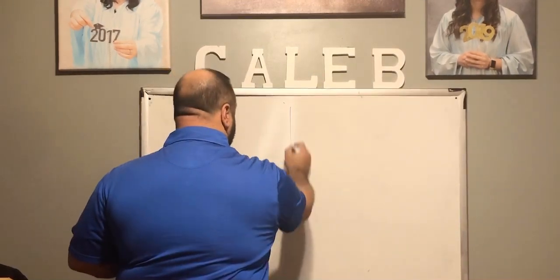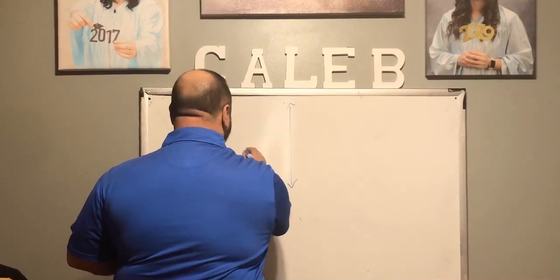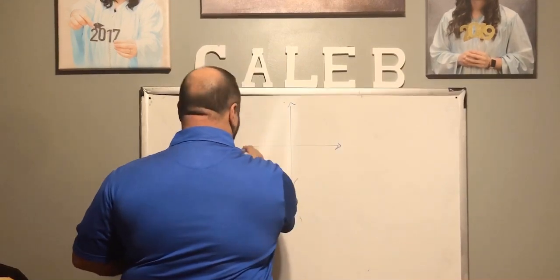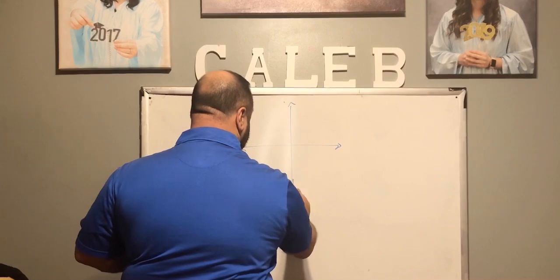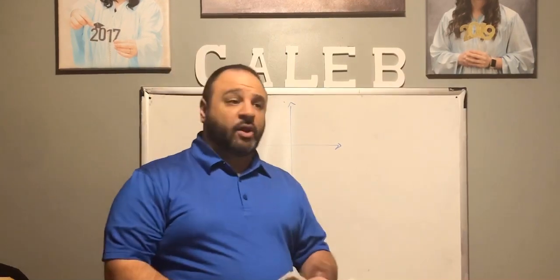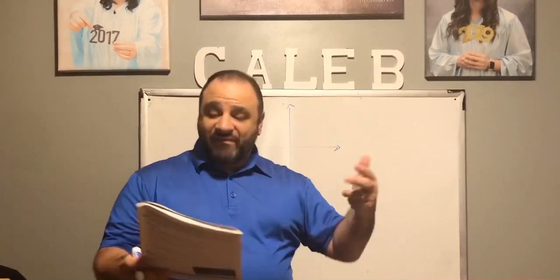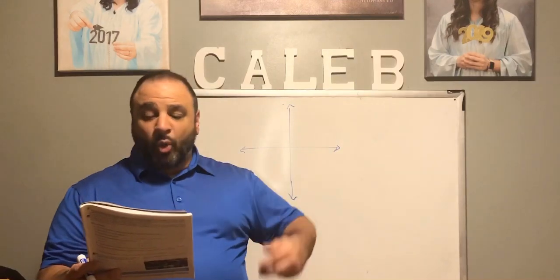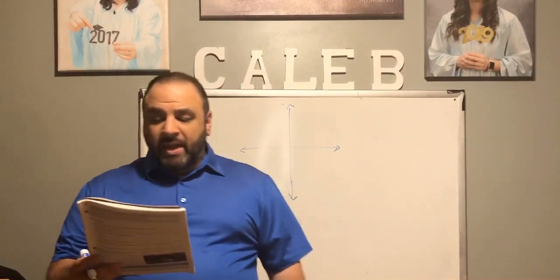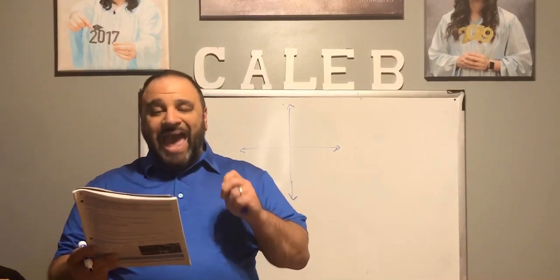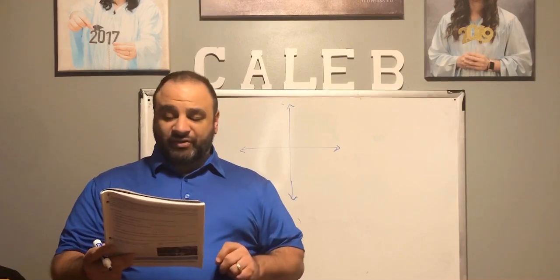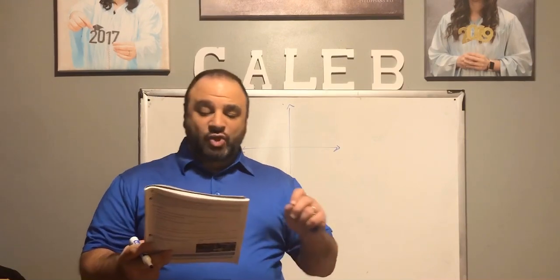So two perpendicular lines give us a Cartesian plane, or a coordinate plane. These two perpendicular lines are two axes. The point of intersection of these two axes is called the origin.